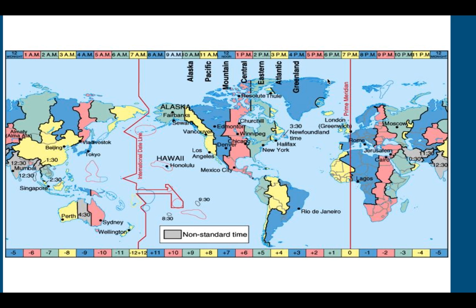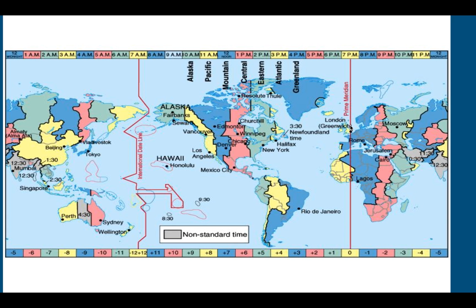Now, if you go to the left of the prime meridian, you are losing time. If you go to the right of the prime meridian, you are gaining time. So if I am right here and I want to find out what time it is in Rome, which is to the right, I will gain an hour.